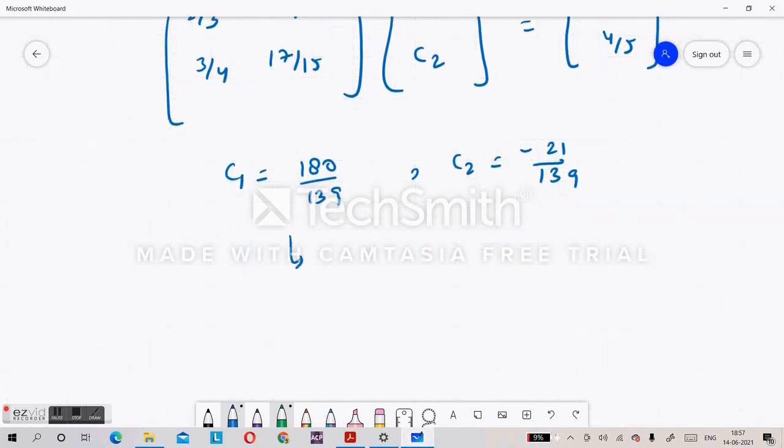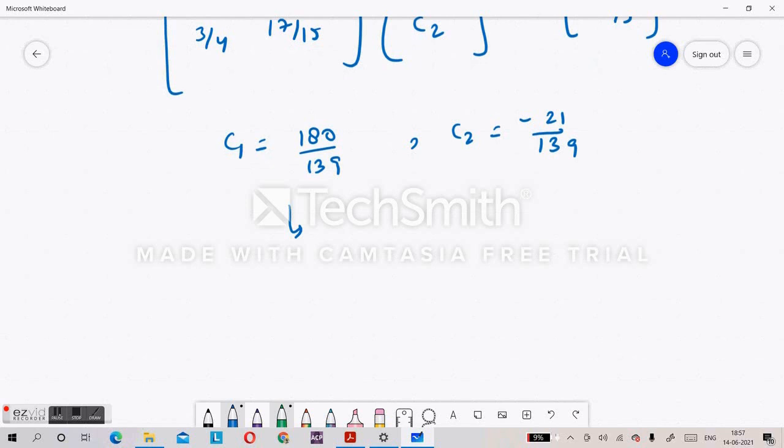Now, if we want more accuracy, then if we want to convert into decimals, we can take these values up to 4 decimal places. The more decimal places we take, the more the accuracy will increase.